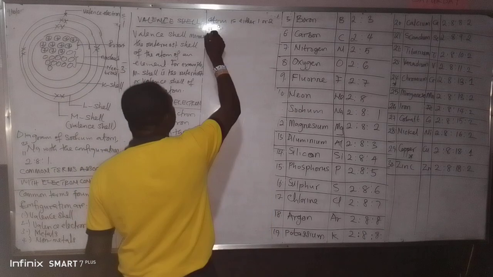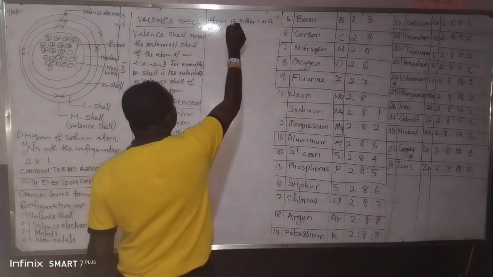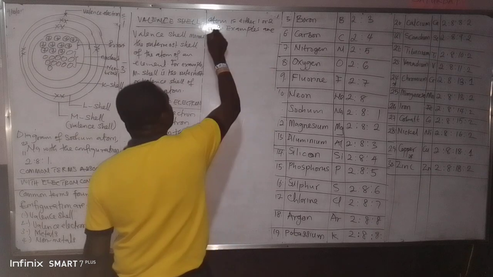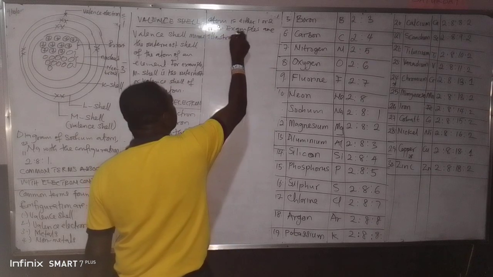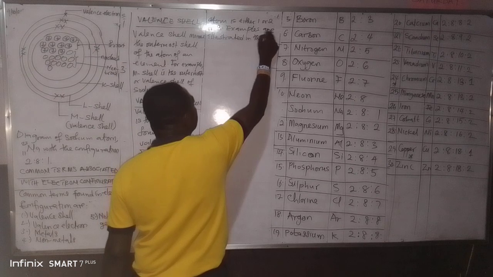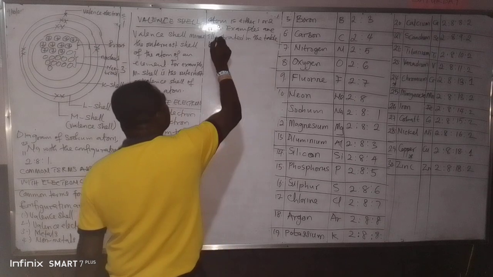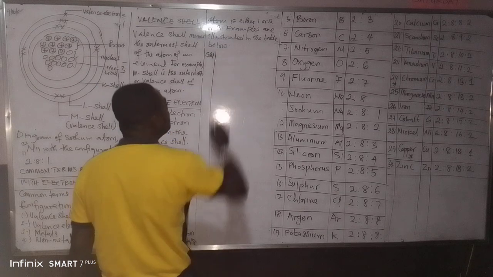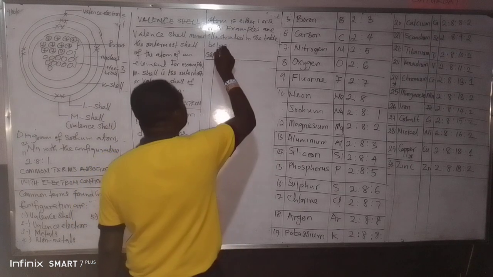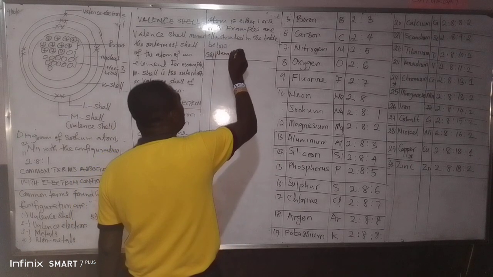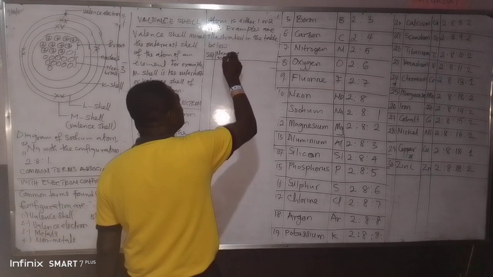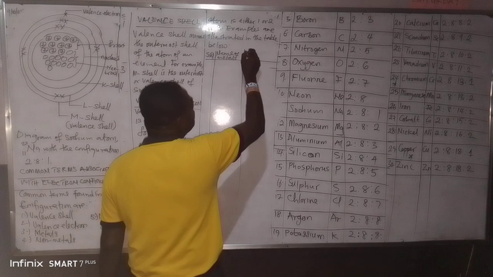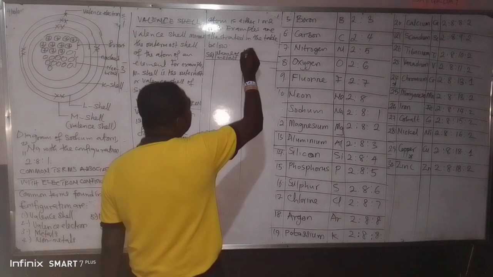Let's look at an example. Examples are illustrated in the table below. In this table, we want to look at the name of metals, then electron configuration.